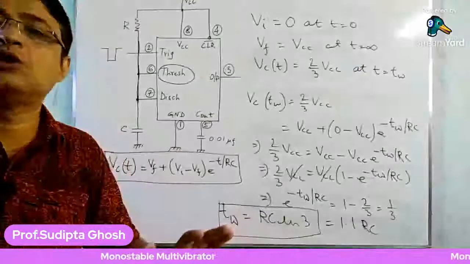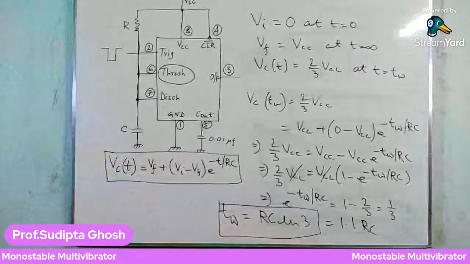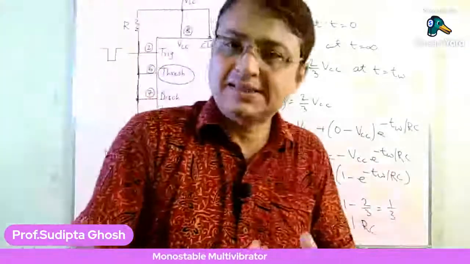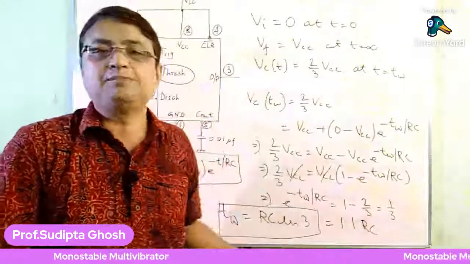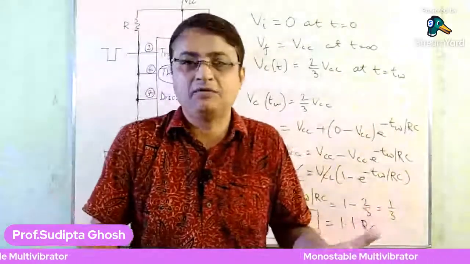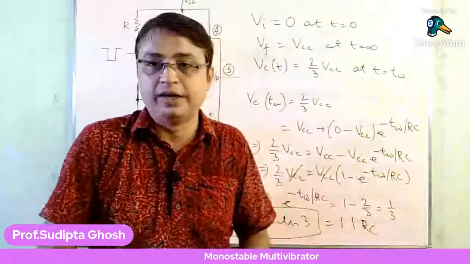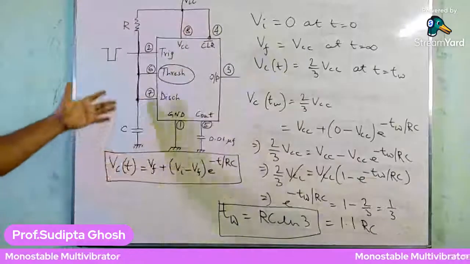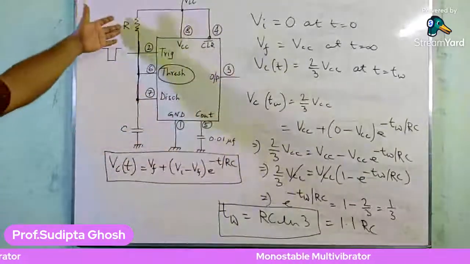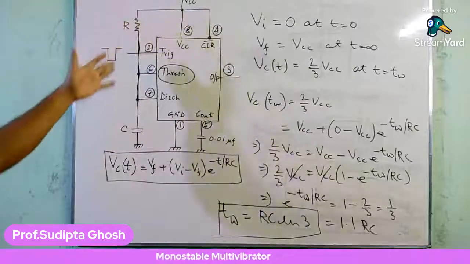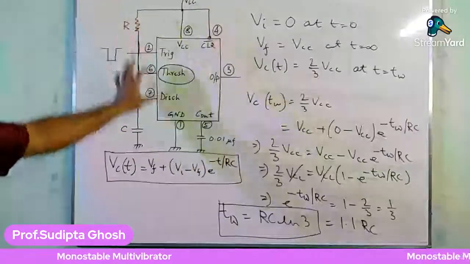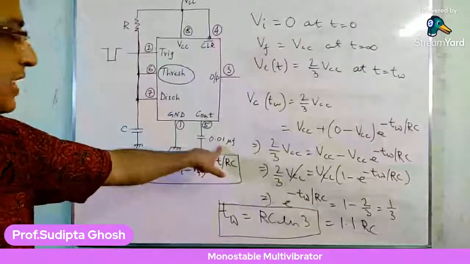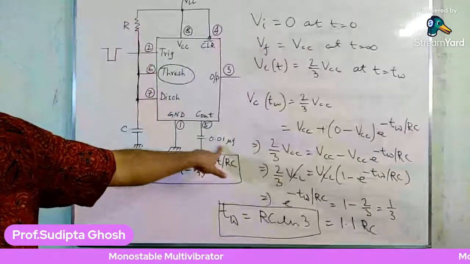So having a value of TW in hand, we first choose a value of capacitor in the circuit, and then from this expression we find the value of R to be used, and then this simple circuit is constructed having those values of R and C. Only two components are required, and also a particular fixed value of capacitor is to be used at pin number 5.